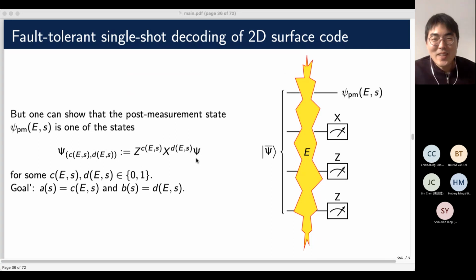So this decoding problem is essentially: given the measurement outcome S, we guess what were C and D.